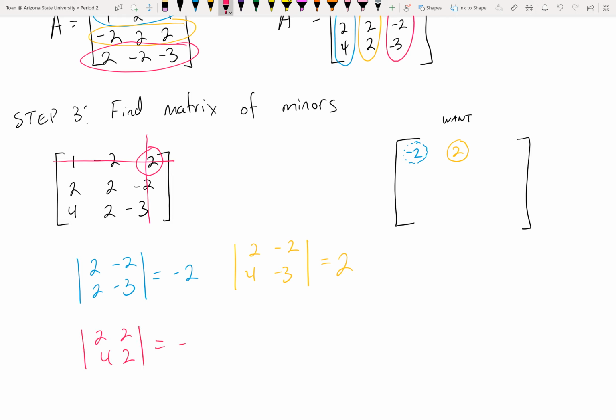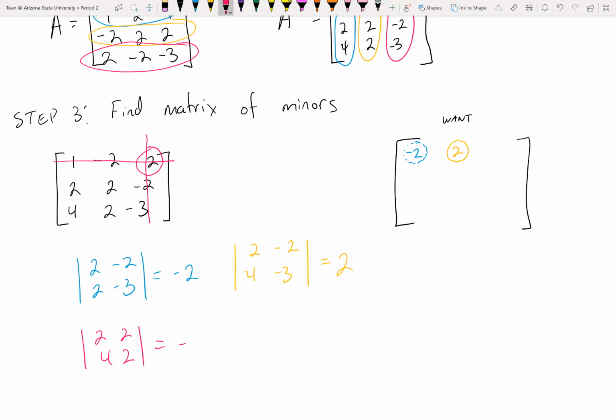Is it okay if I fast forward through the rest? All right. So if I want to find this position here, I'm going to delete this column, that row. So we have 2, negative 2, 2, negative 3. So that's going to be negative 6 minus a negative 4, which is a negative 2. For the middle position here, delete the row, delete the column.